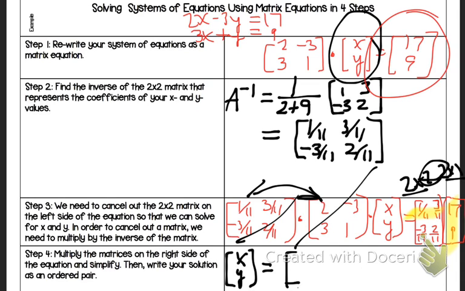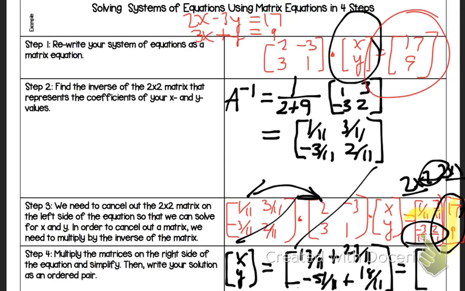That's going to be 1/11 times 17, which is 17/11, plus 3/11 times 9, which is 27/11. And then I do second row times first column. So negative 3/11 times 17, which gives you negative 51/11, plus 2/11 times 9, which is 18/11.